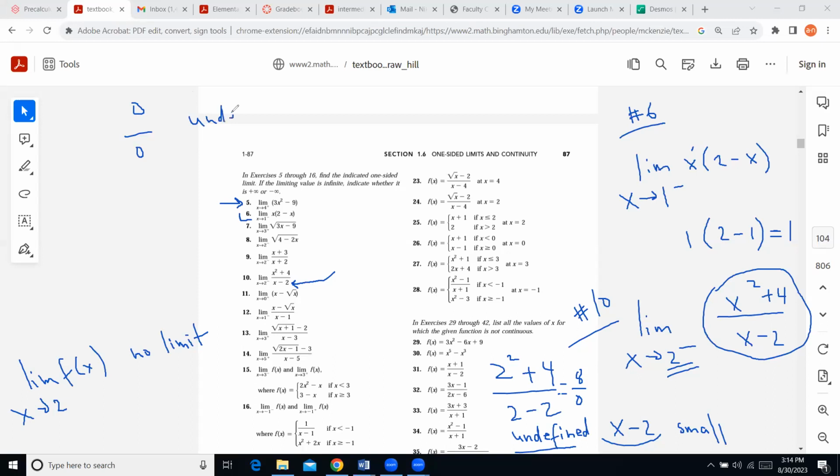That's the only special case that we have, and that needs a little work. But if we have 8 over 0, it's just simply undefined. There's nothing you can do here. In fact, even if you try, if you say, Alex, I want to try, well, what can you do? You cannot factor your numerator to cancel. So there is nothing you can do.